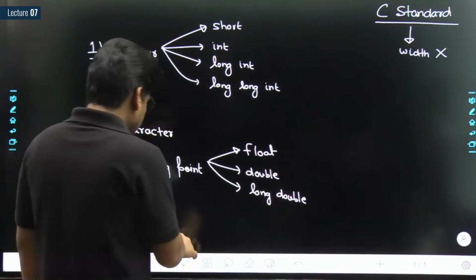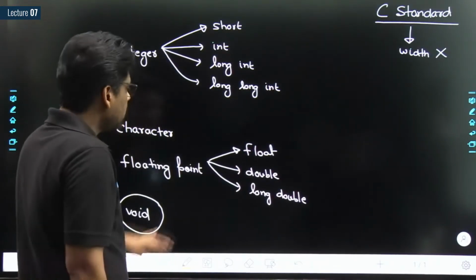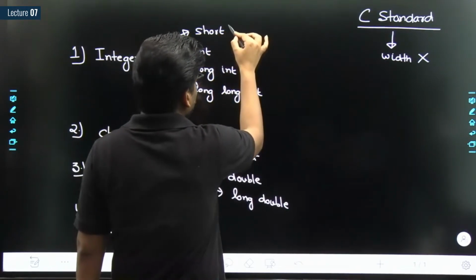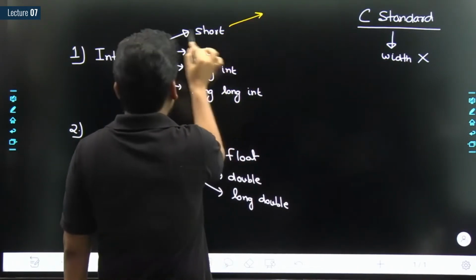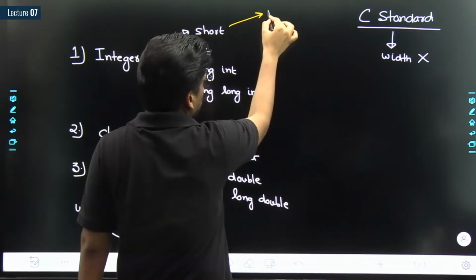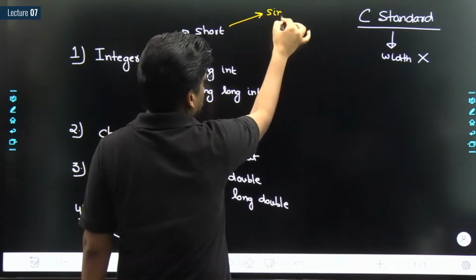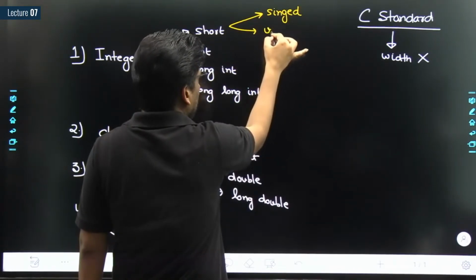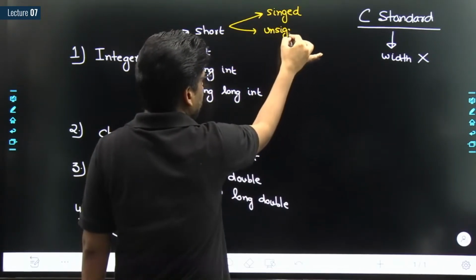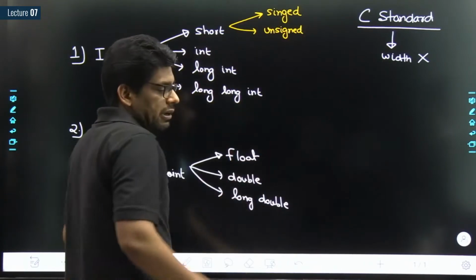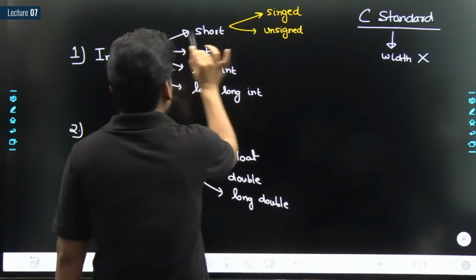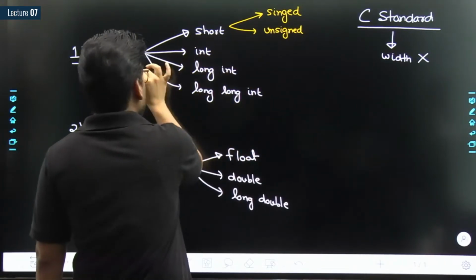Short integer has two subclasses: signed short or unsigned short integer.